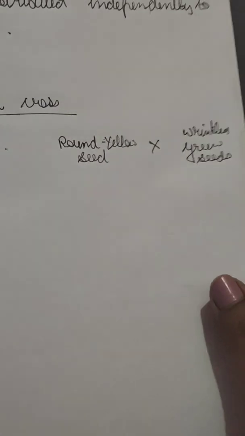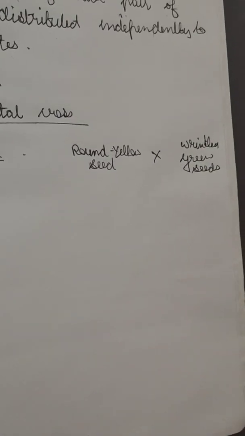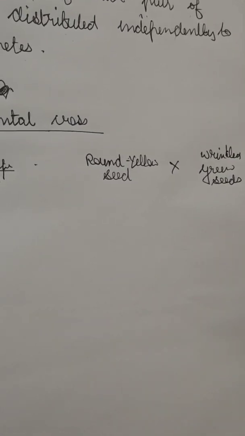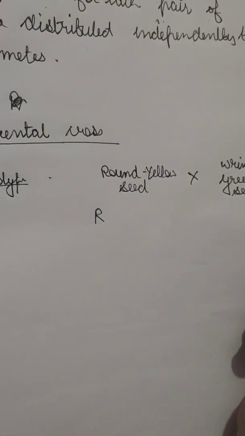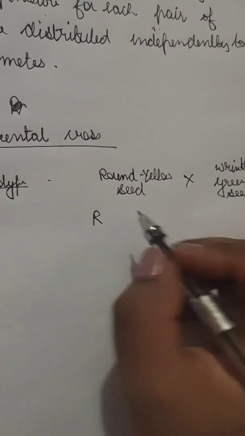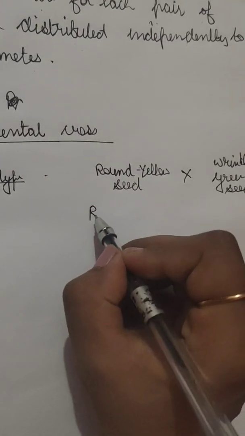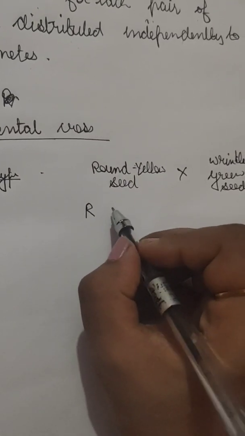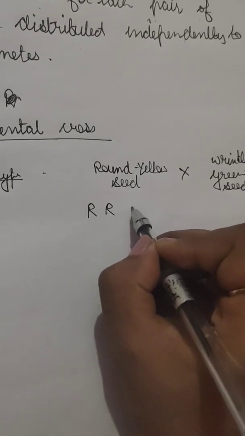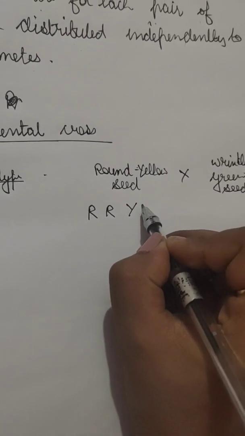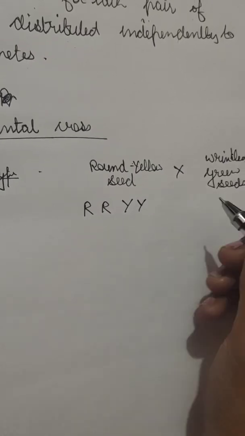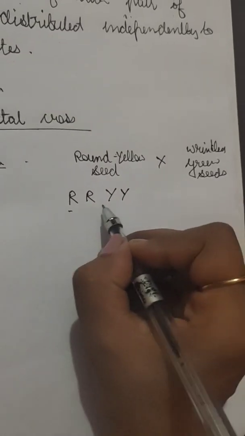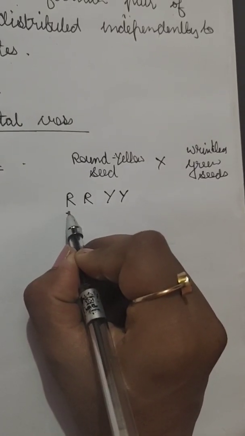So the factors of inheritance are carried mainly by the gametes. We will take R for the round seeds. Round yellow seeds will be capital R, capital R, and capital Y, capital Y, both capital. I will explain what I am doing.